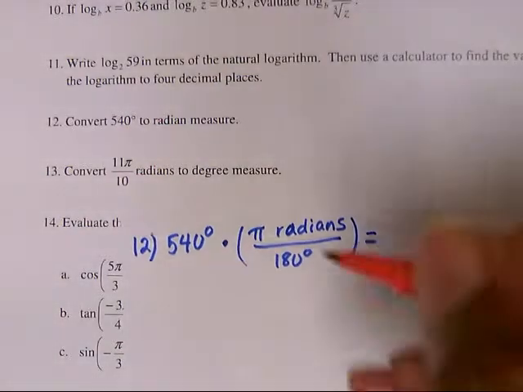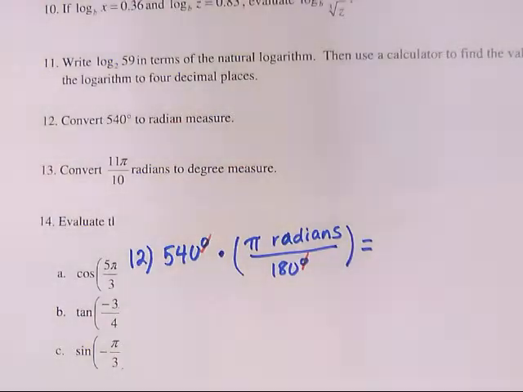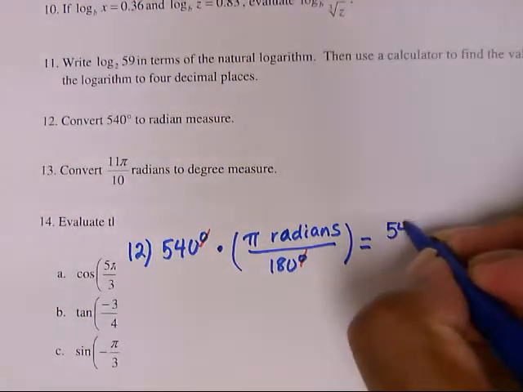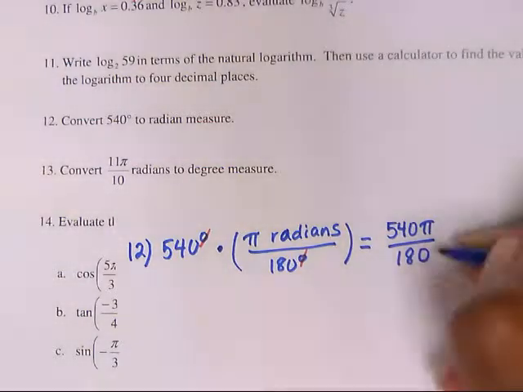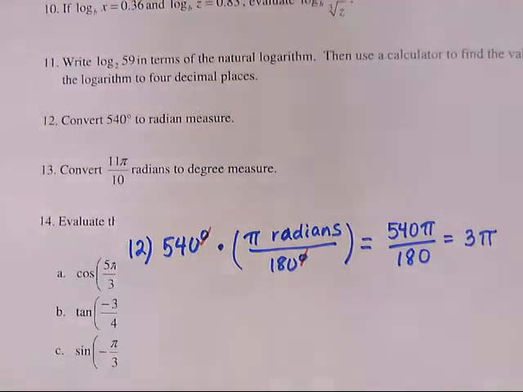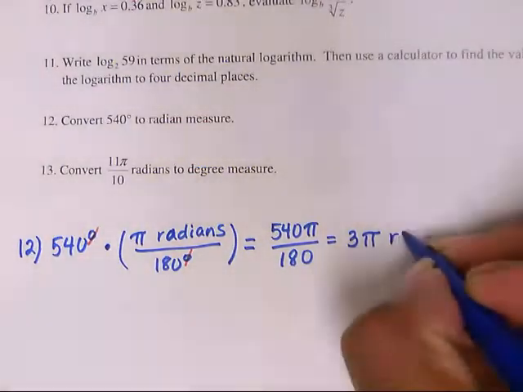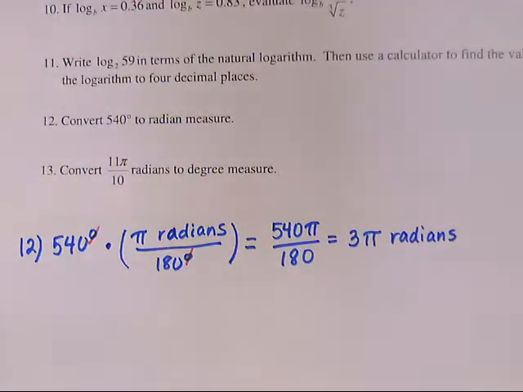What's going to happen is your degrees will divide out, and then you're going to do 540 pi over 180, and 540 divided by 180 will give you 3. So this will end up being 3 pi radians. Okay. So 540 degrees will be 3 pi radians.